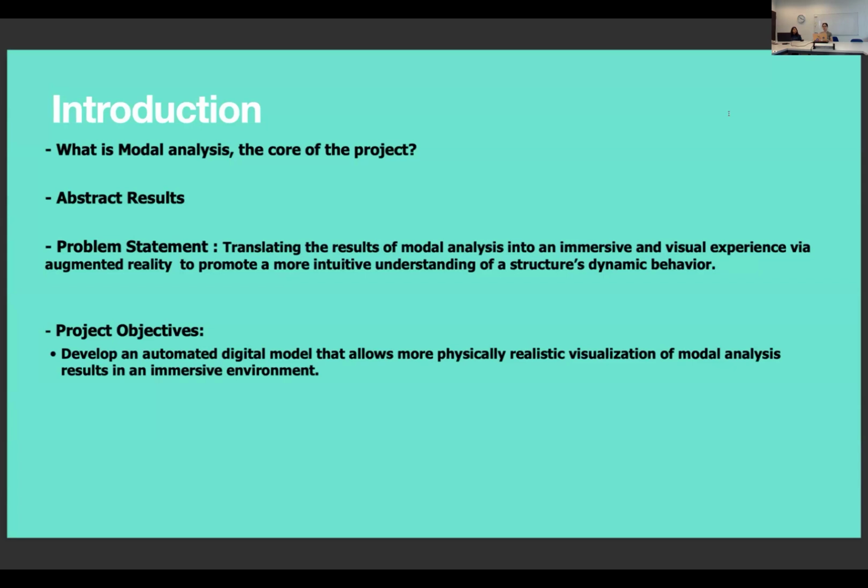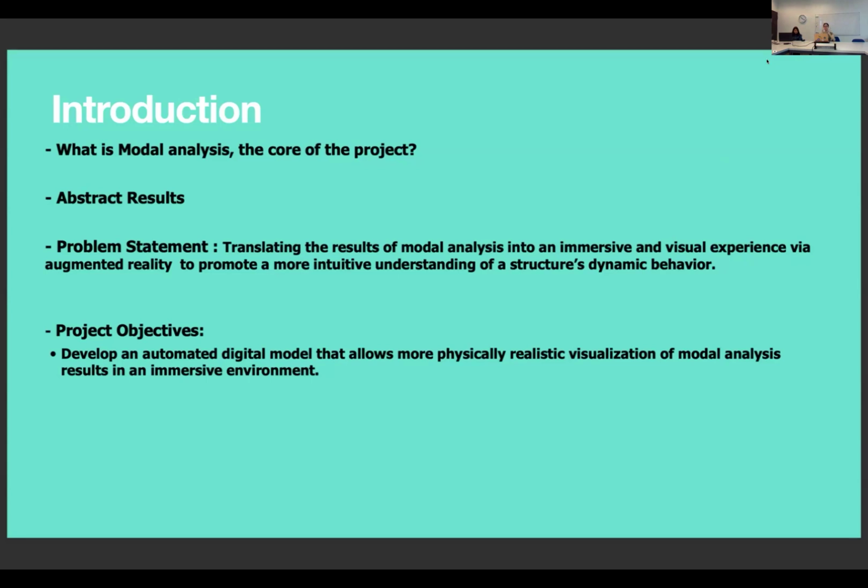However, we have abstract results because of the vectorial expression. So we tend to visualize them in a more intuitive manner, in a new perspective. That's why we want to translate the results of modal analysis into an immersive and visual experience via augmented reality, to promote a more intuitive understanding of the structure's dynamic behavior.